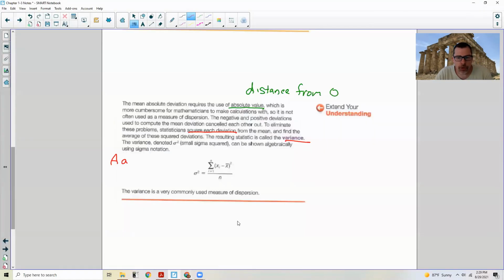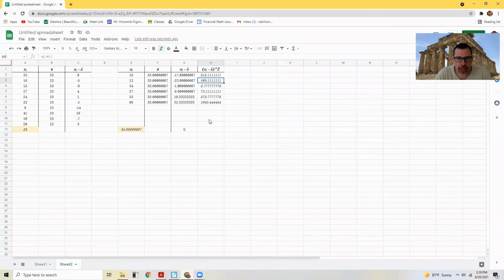All right, so now let's go back. So what did we do? We took the sum of all of those squared values, and then we're going to divide it by n, which was 10. So now I'm going to take the sum of these and divide them by 10.